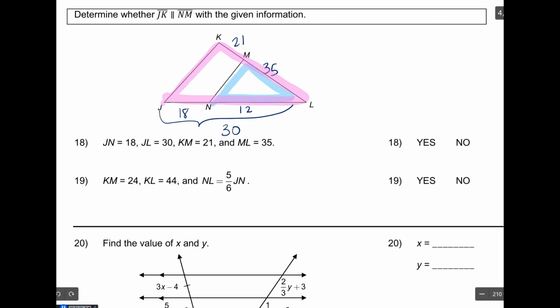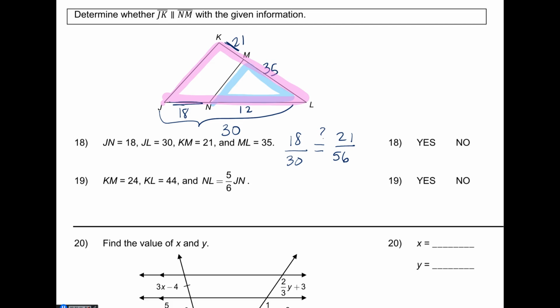So I'm going to do 18 over 30, that small segment over the total. Is that equal to this small segment over the total, 21 over 56? How did I get 56? I added 21 plus 35. Okay, is this the same thing?